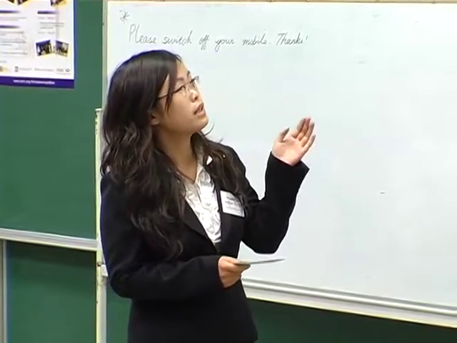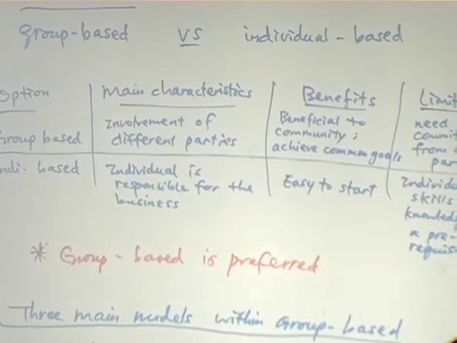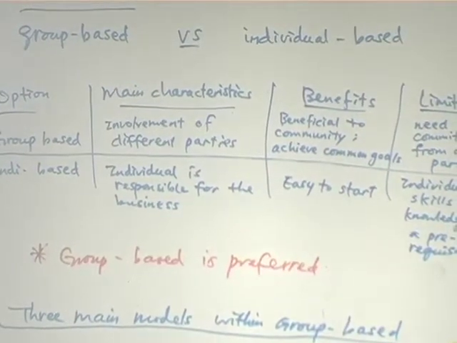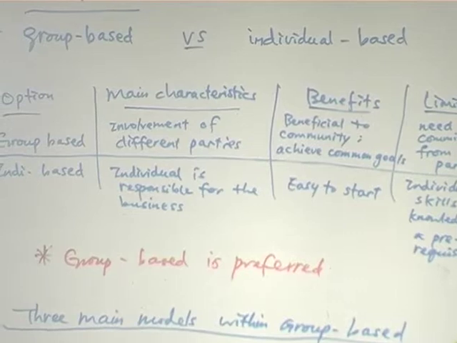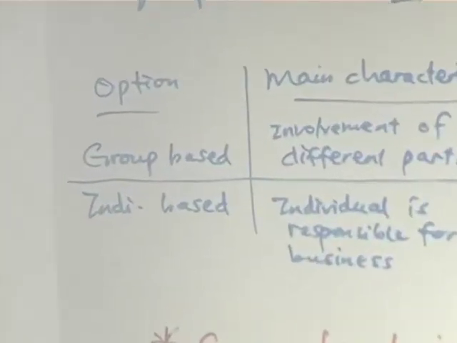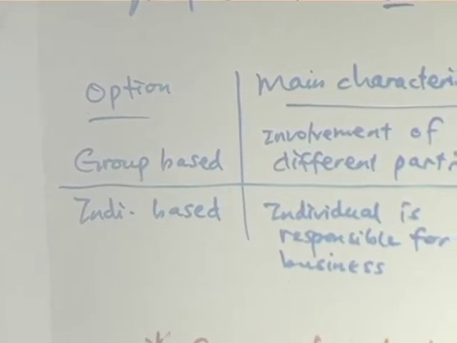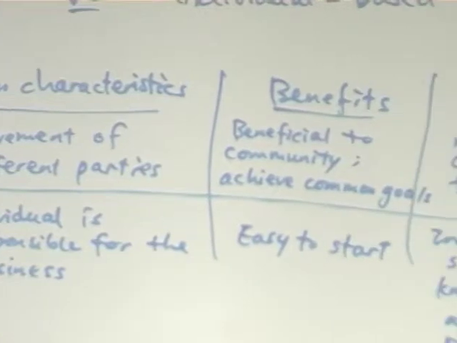Microfinance can be divided into group-based or individual-based. Group-based needs to involve different parties, and it also requires commitment from all of them. But the benefits are tremendous because it can be very beneficial to the whole community, and it can help achieve common goals among those different parties.